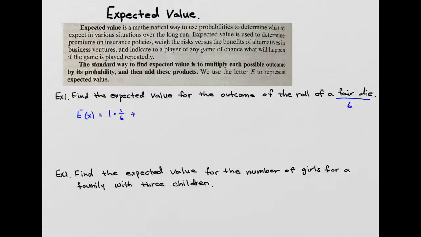Plus, we can also get 2, and that's another 1 over 6 probability. Plus, we can also get 3, and the probability of getting 3 is 1 over 6. And repeat: we can get 4, we can get 5, we can get 6, and all of these have a probability of 1/6.